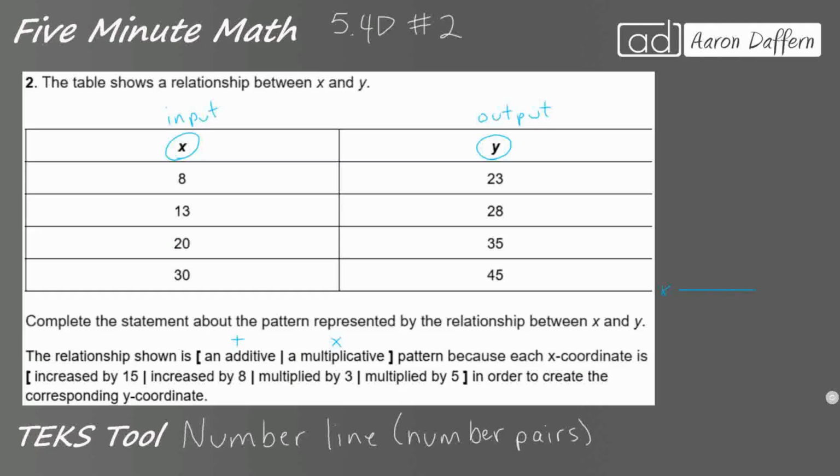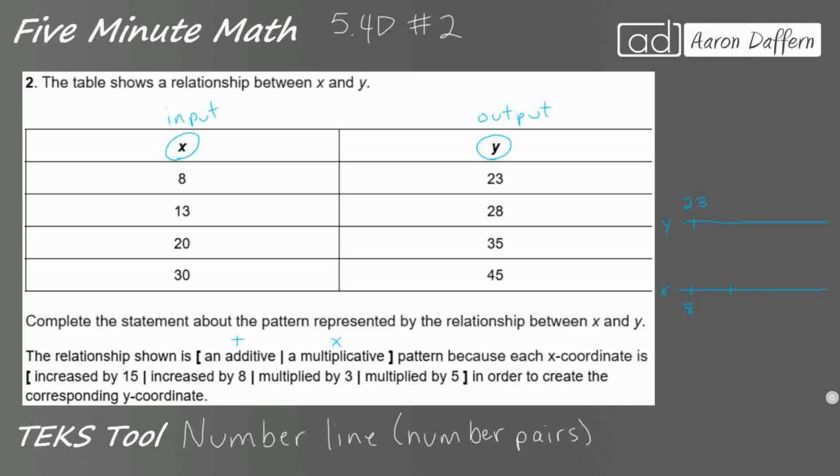So a double number line is two parallel lines that are stacked on top of each other like this. One represents the first column, in this case x, and the top always represents that second column, in this case the y. And what we want to do is just note our pairs. So my x of 8 corresponds with my y of 23.